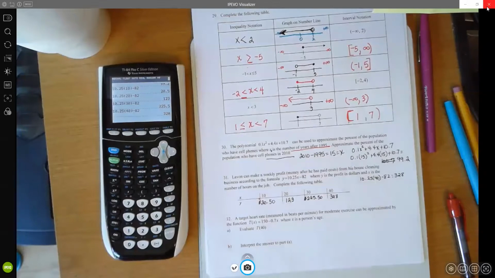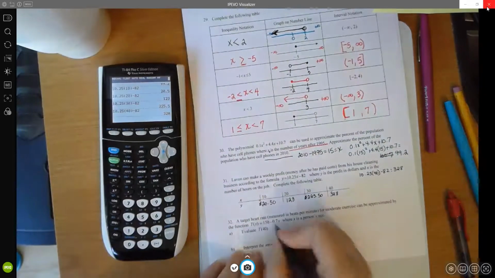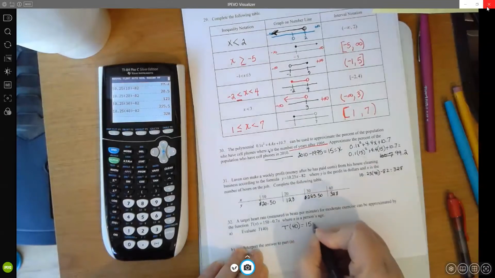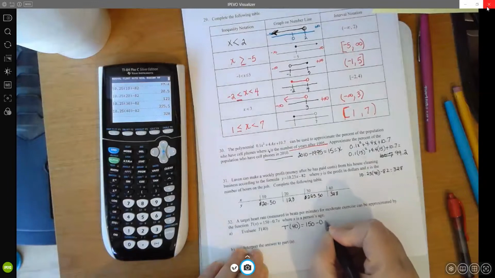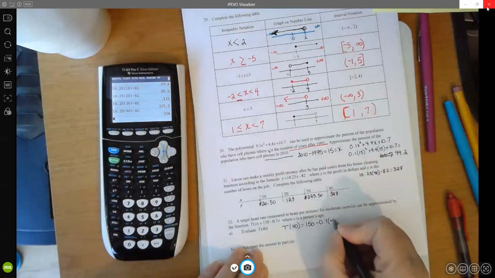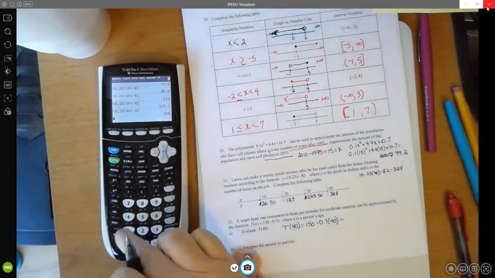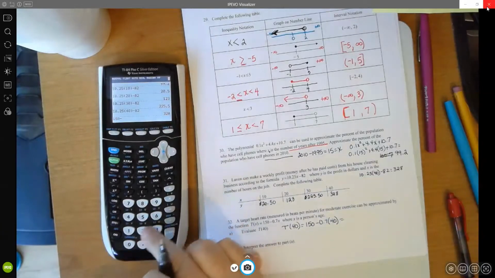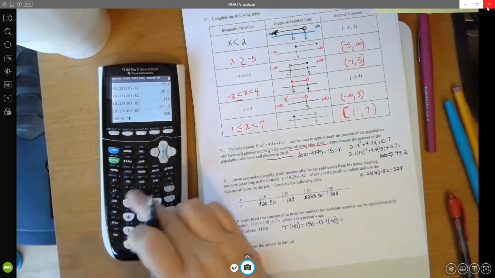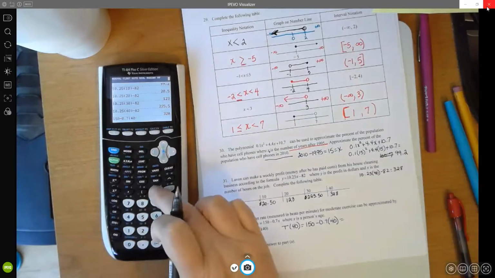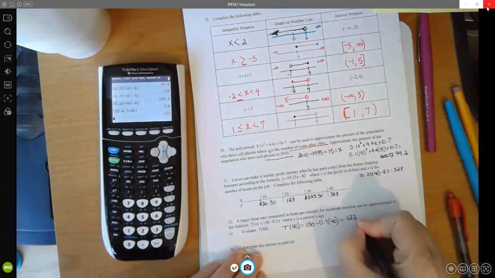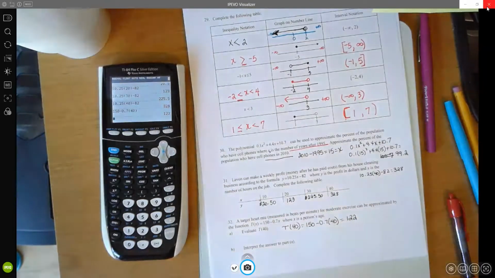So in this case, T of 40 equals, and that just means we're going to plug in 40 for x. And again, we'll just use the calculator to crunch that. 150 minus 0.7 times 40, and that gives us 122.